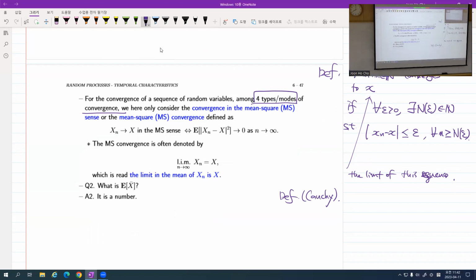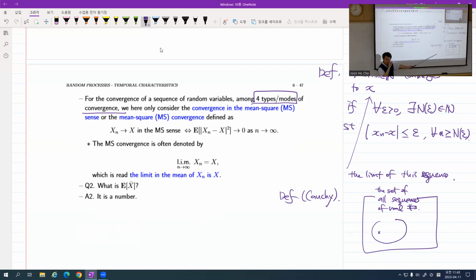So which means that here, this is the set of, for example, all sequences of real numbers. Got it? So let's focus on a sequence of real numbers first. Then there is a very small subset, and here is an element or member of the set, which means that X corresponds to a sequence of real numbers, right?